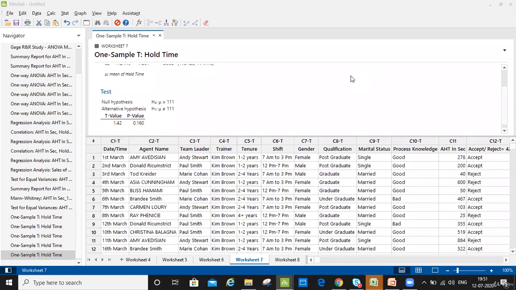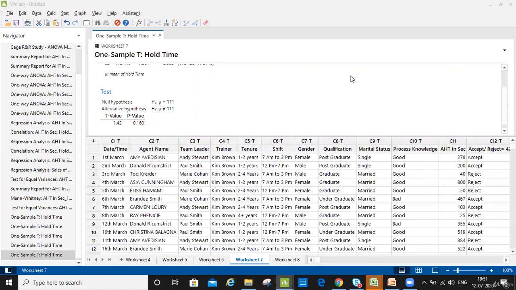So this is just a kind of directional tool which tells me that this is the target that I can take. If I also want to make sure my quality is not compromised, then probably I have to look at some other components. For that, there is no statistical test, okay?